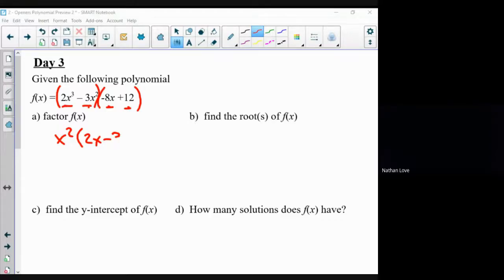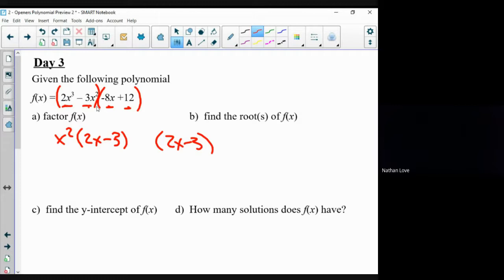So that should give you a hint on the second one. You need to pull out a -4 out of the second group. So this one has to be a 2x minus 3.